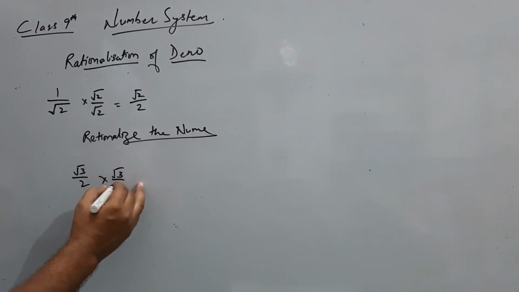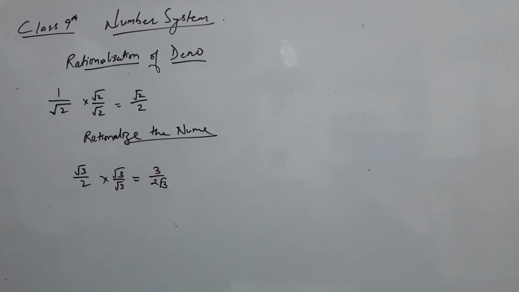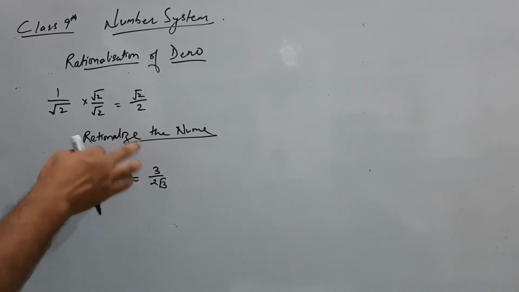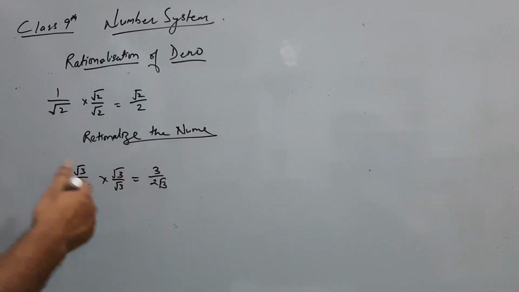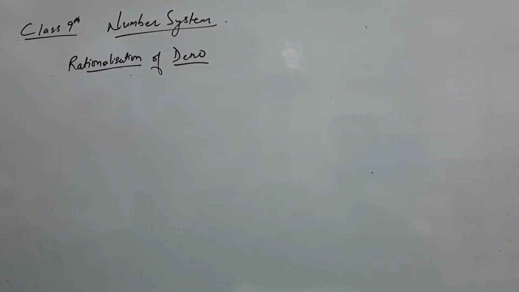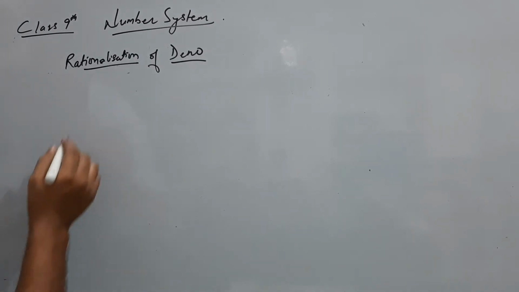So root 3 upon 3 gives 3 upon 2 root 3. Clearly, we rationalized the numerator, not the denominator. So what type of question will we have now? We will have only questions based on rationalization of denominator.